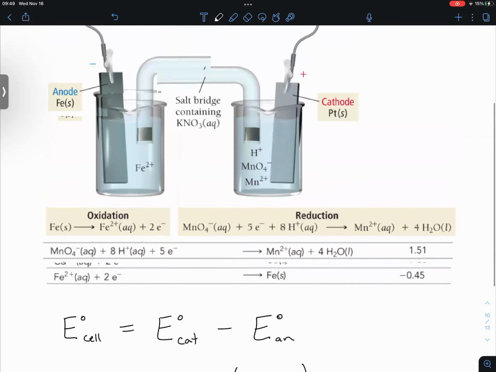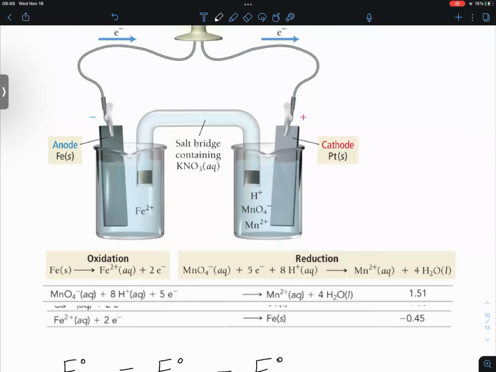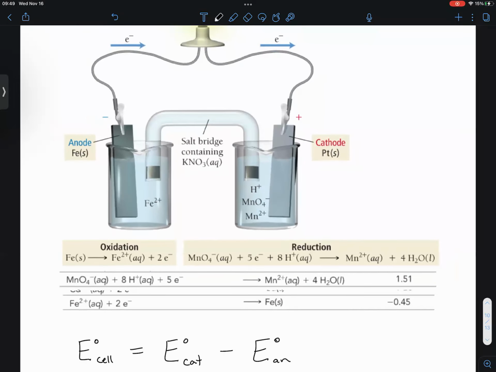All right, so this is actually even a better battery than the other one that we just saw, than our zinc copper one, in terms of the strength of that potential, right? Higher volts. If we're going to do our electrochemical cell notation here for this particular battery, it kind of starts out just as normal, where we're going to do the material at the anode, and then the solution that that anode is in.